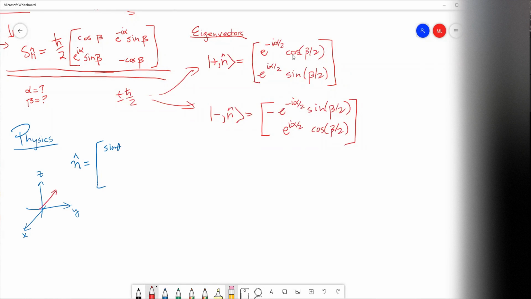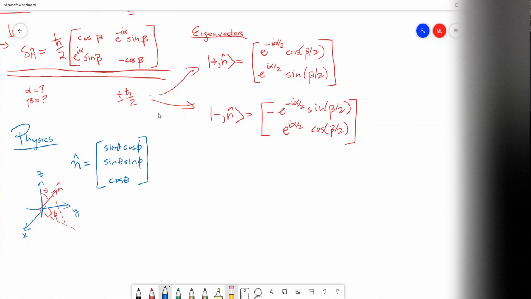There will be some angle theta away from the z-axis, and then there will be a phi angle in the xy plane. And so if you write out the xyz components of one of these arbitrary vectors, you just get the usual sines and cosines.